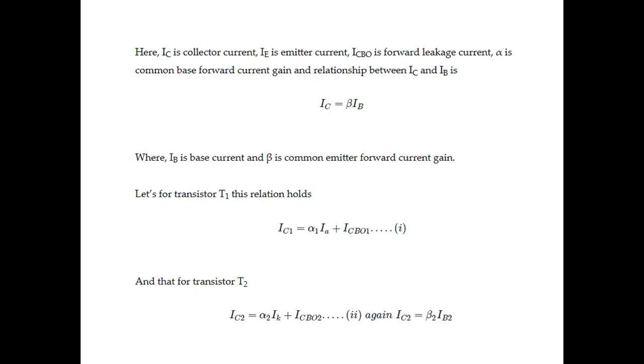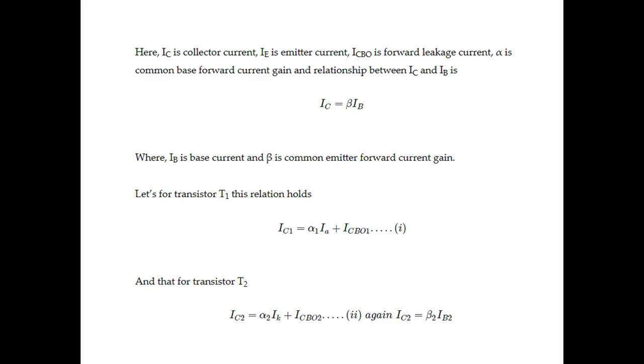Here IC is the collector current, IE is the emitter current, ICB0 is the forward leakage current, and alpha is the common base forward current gain. The relationship between IC and IB is IC equals beta times IB, where beta is the common emitter forward current gain, that is beta is equal to IC by IB, IB being the base current and IC the collector current.